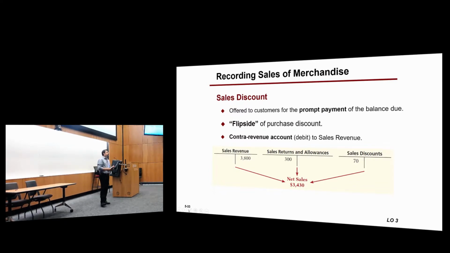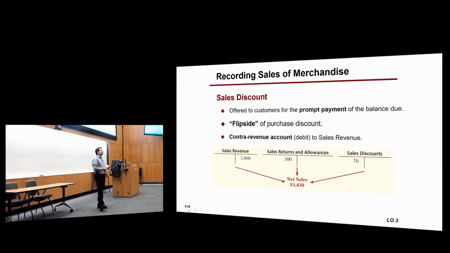So, now in the same way that we had purchase discount, this is the flip side of it. This is the other side of it. It's sales discount. And remember, one company's purchase discount is another company's sales discount. Right? One company's receivable is another company's payable. You always have two sides of the story.